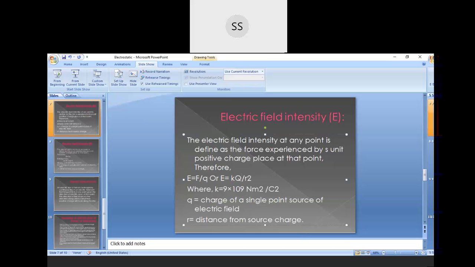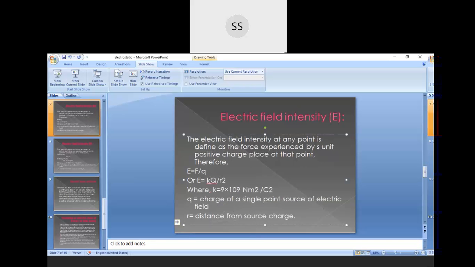Let me show you here. What was the value of F from Coulomb's law?